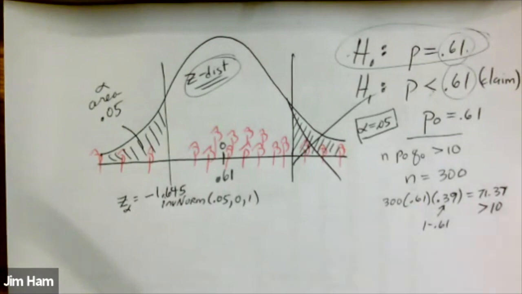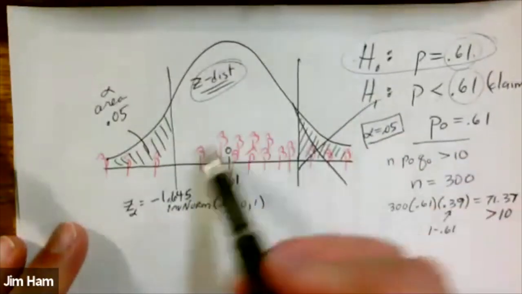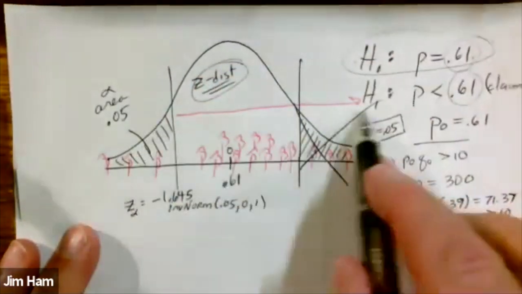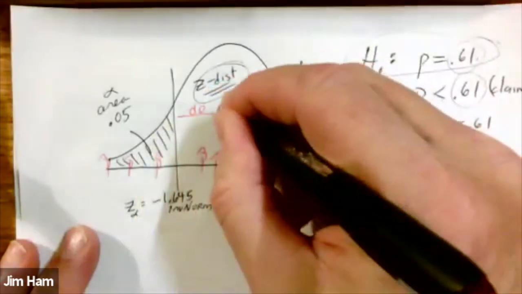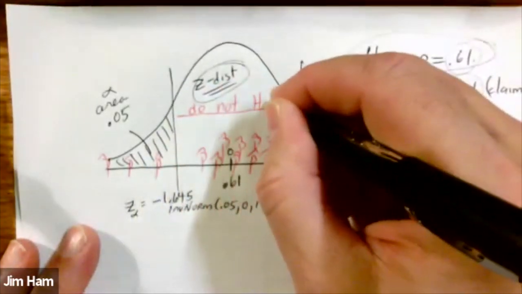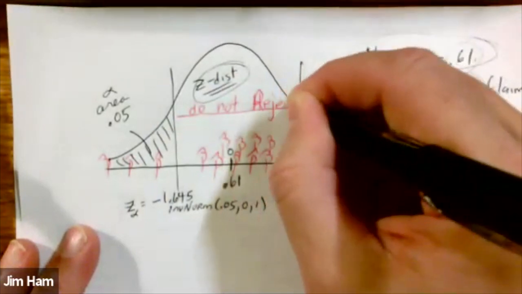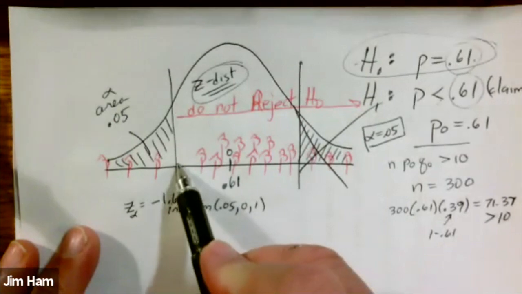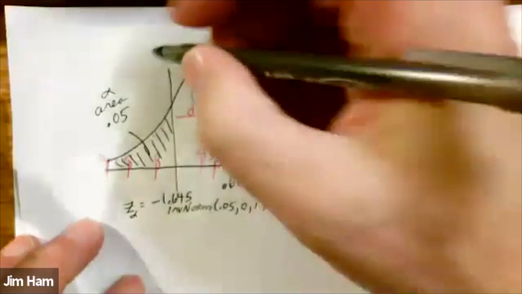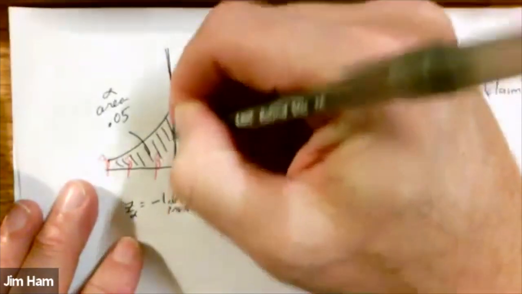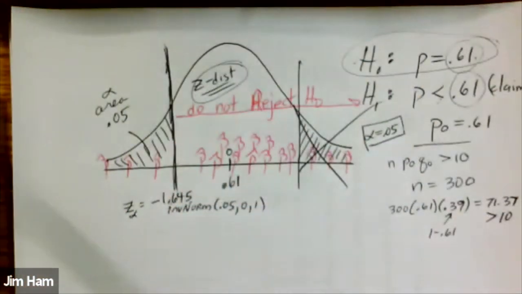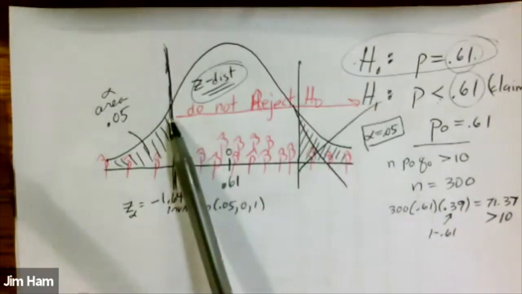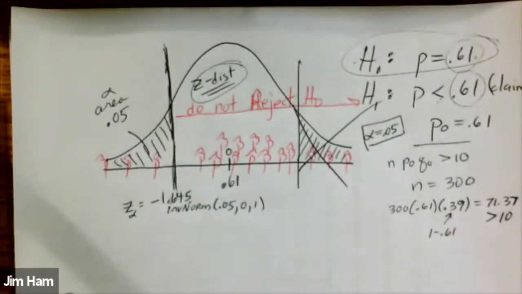So here's what we're going to do. If we find a sample proportion that puts us in this range, we're going to say there's not enough evidence to reject the null hypothesis. Any number that we find over here from this point over, this is our line in the sand right here. So we're going to define what we do if we find a sample proportion to the right, and what do we do if we find a sample proportion to the left.